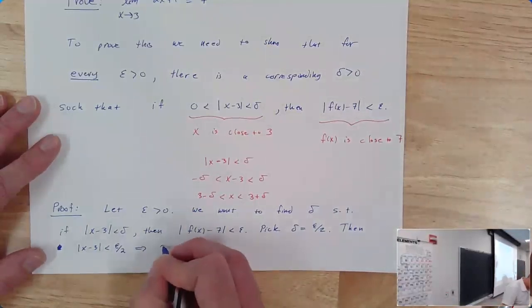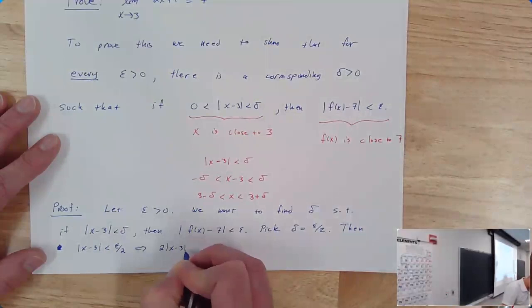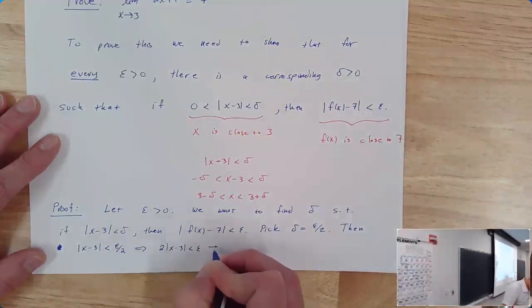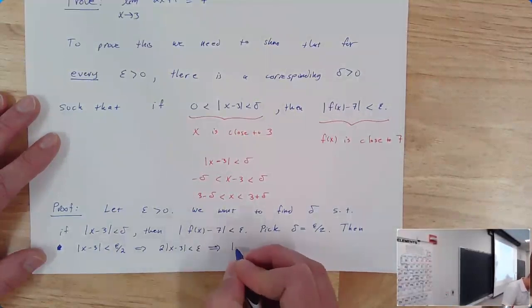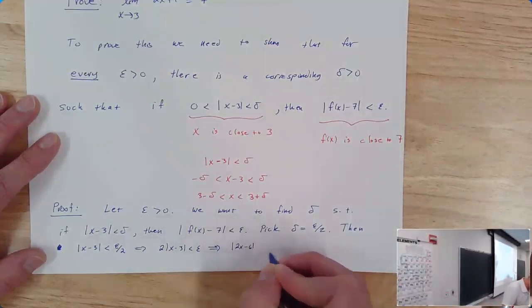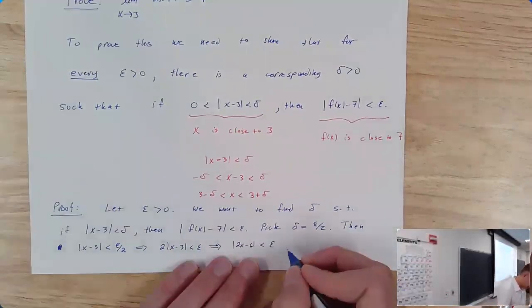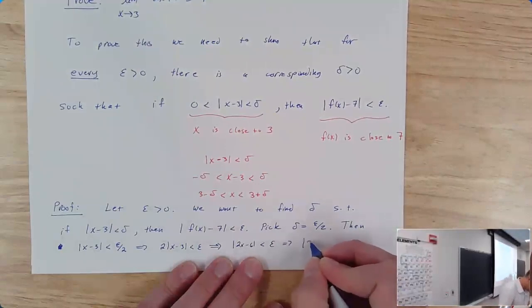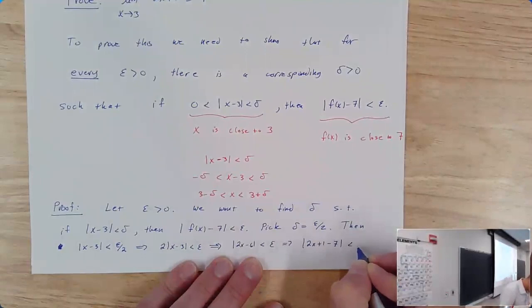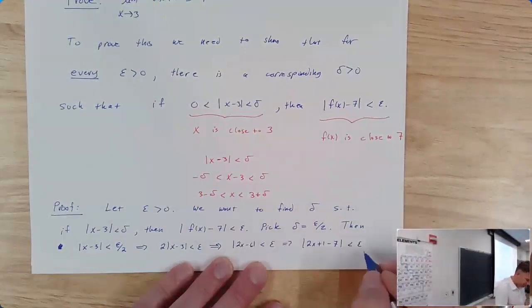That gives me that 2 times the absolute value of x minus 3 is less than epsilon. If I bring the 2 in, it gives me the absolute value of 2x minus 6 less than epsilon. And then I can rewrite that as the absolute value of (2x plus 1) minus 7 less than epsilon. And that's what I wanted.